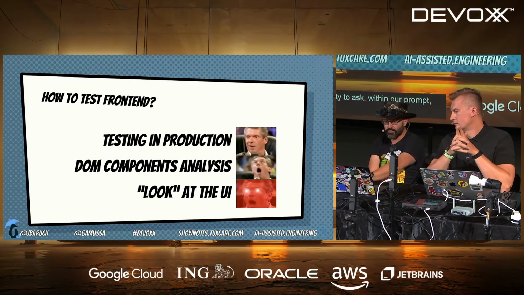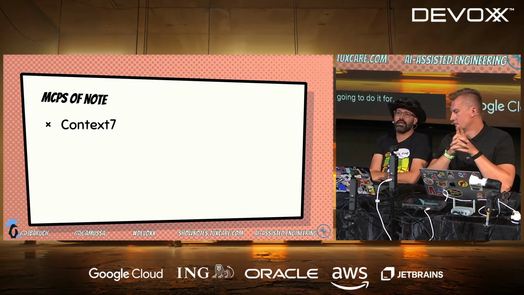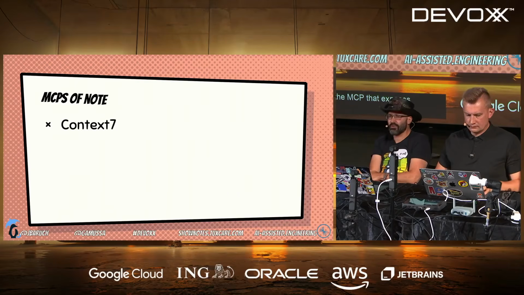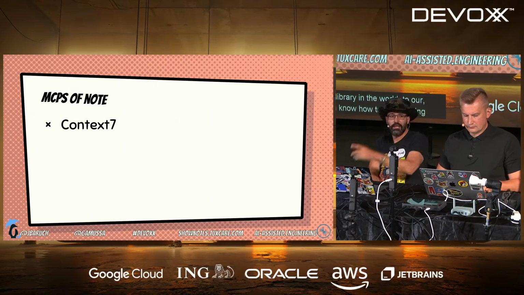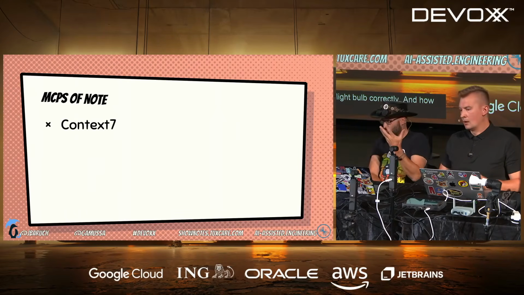We're going to do it for something called Context 7, the MCP that exposes documentation for pretty much any technical library in the world to our LLMs, and this is how our LLMs will know how to write Spring Boot correctly, how to integrate with the smart light bulb correctly, and how to access the webcam in the browser correctly, for example.